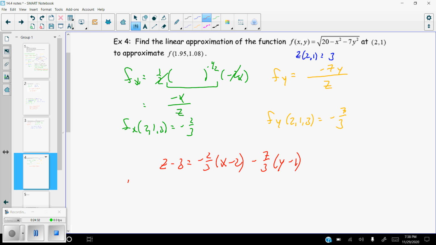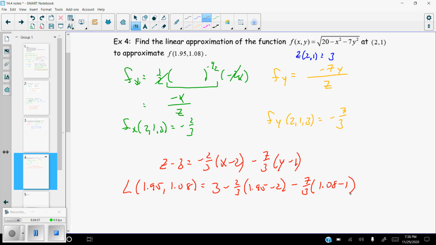So the linearization of 1.95, 1.08 is going to equal 3 minus 2/3. All I did was add the 3 over, by the way. Plugging in the x value, 1.95 minus 2, minus 7/3 times the y value, 1.08 minus 1.